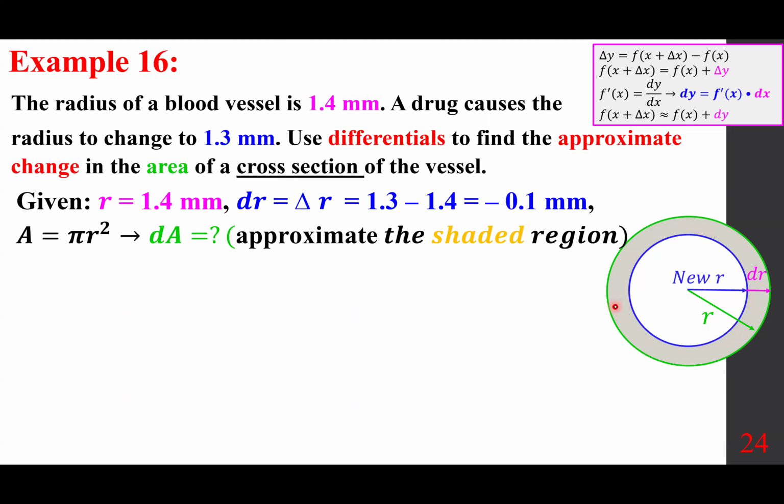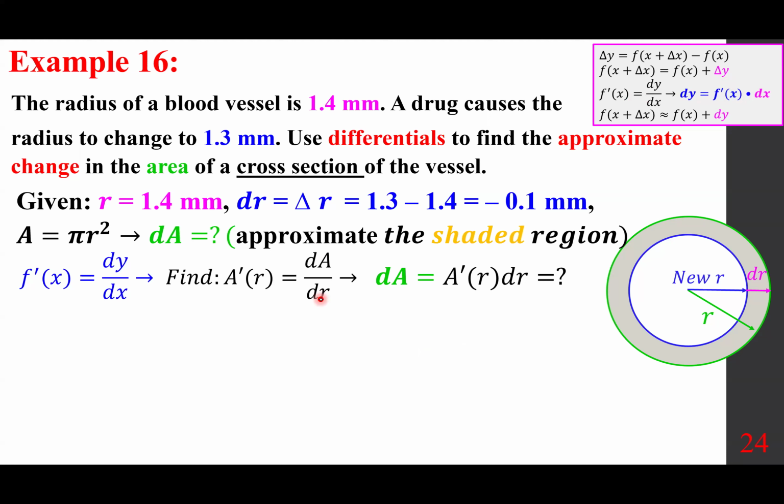So having said that, we know that f prime of x is dy dx. By the same token, A prime of r must be dA dr. So going back to this one, dy is f prime of x dx, everybody. dA is A prime of r dr. First, I wanted to show you how we arrive at it.